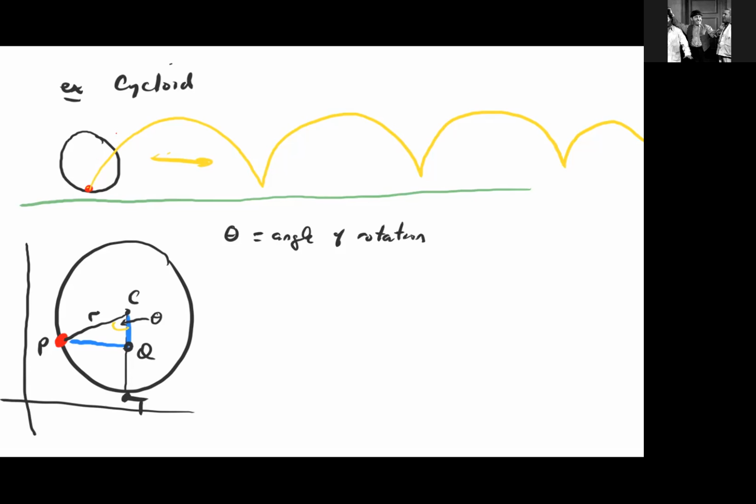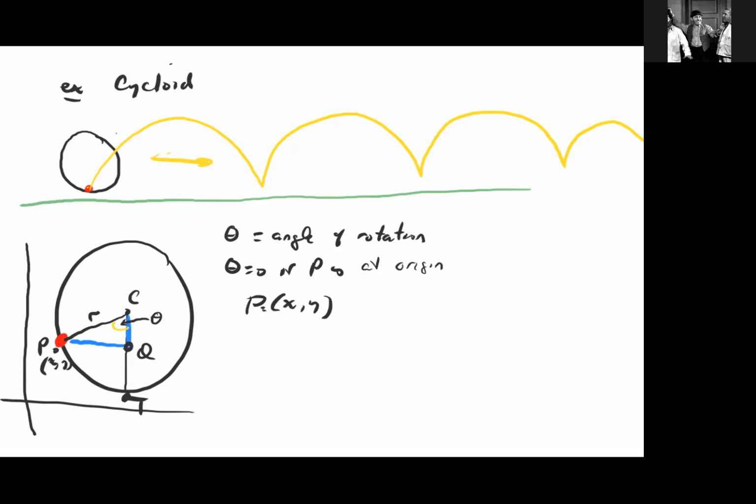And so theta is 0 when P is at the origin, because I'm assuming we start off with P at the bottom. So theta equals 0 if P is at the origin. And let the coordinates of P be x, y. So P will be the point (x, y). So what are the coordinates of this point? Well, let's figure it out.